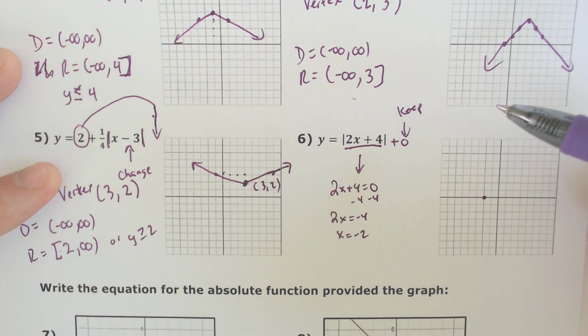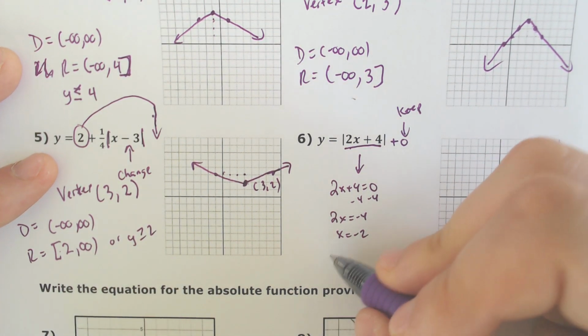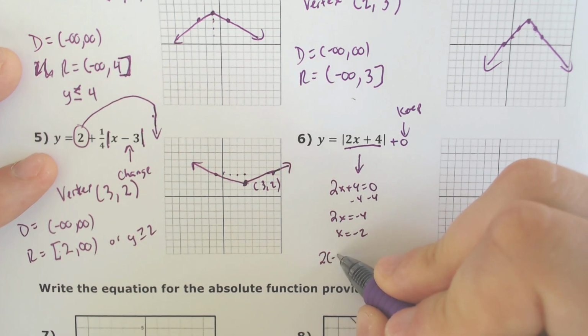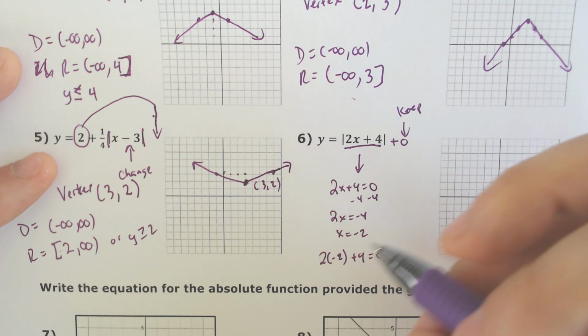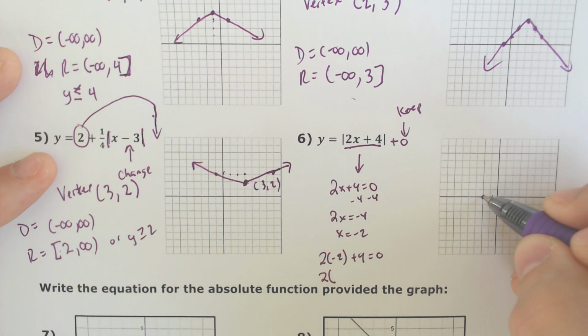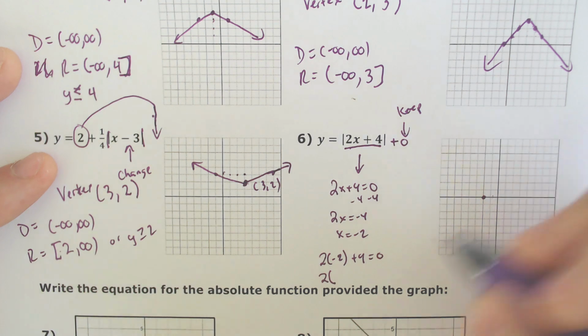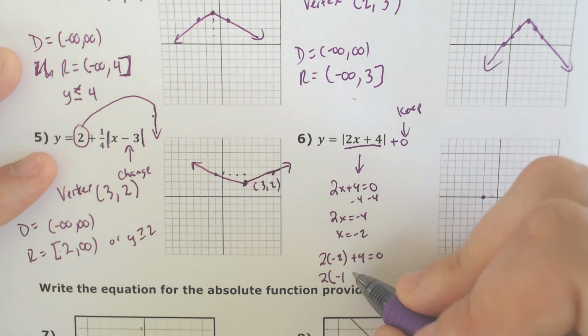So let's plug in a few values and see what's going on. If we plug in the value negative 2, 2 times negative 2 plus 4, you get 0. Okay, so that makes sense. What about if we plug in one number to the left or to the right of this, which would be at negative 1? If we plug in one value to the right at negative 1, are we going to go up by 2 or are we just going to go up by 1? Let's see.